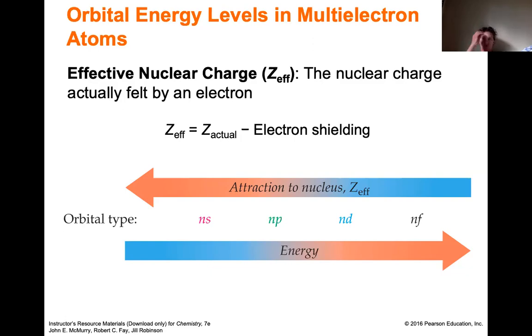And this just shows you that the Z effective gets larger when you're talking about orbitals that have smaller l value. So we'll talk a lot about this in class. The energy of the orbitals goes up as you go from left to right. The charge on the nucleus goes up when you go from right to left.